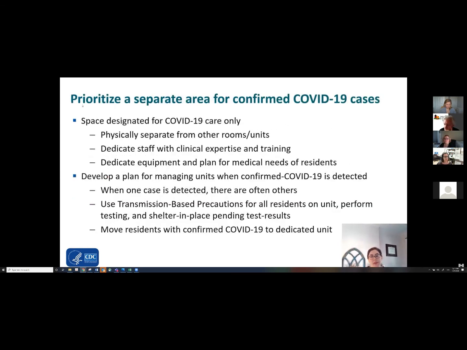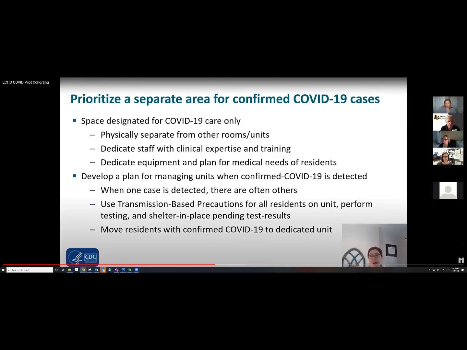So that brings me to our next point, that because of how complex this can be, we recommend that your first priority be to create a separate dedicated area for confirmed COVID-19 cases. This is a space that should be designated only for COVID-19 care, so not for anyone with pending testing or exposures or symptoms who have not been confirmed to have COVID-19.